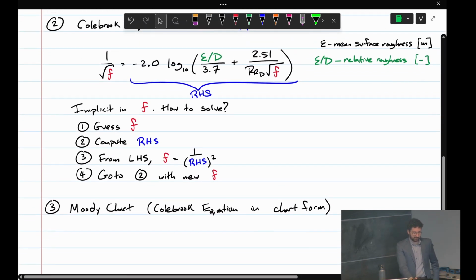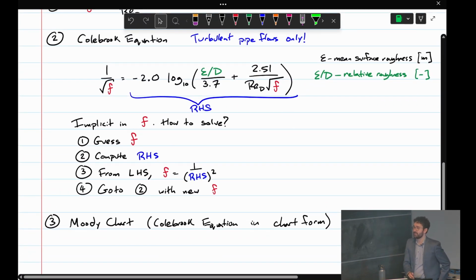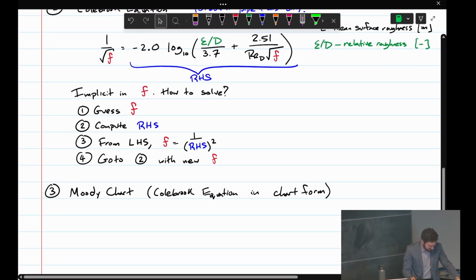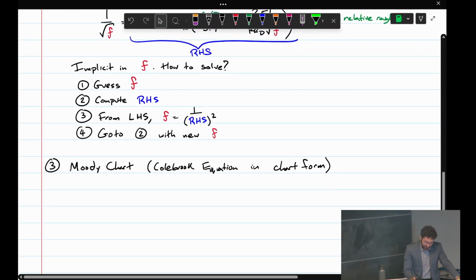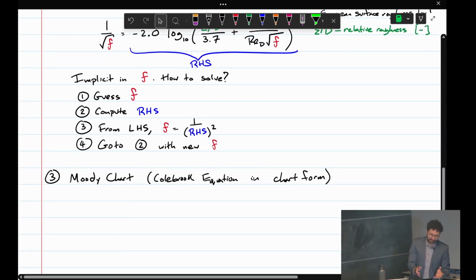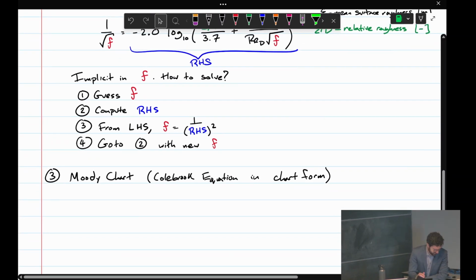The annoying part of this equation was that it was developed at a time when people didn't even have calculators that could do the log base 10 operation. So very quickly, someone wanted to make a chart form of this, so people could just look it up using the chart. I will do an example later where I talk about how to use this chart. But basically, if you know everything in the Colebrook equation except F, you can use this chart.